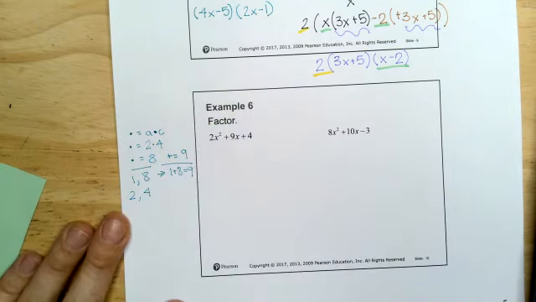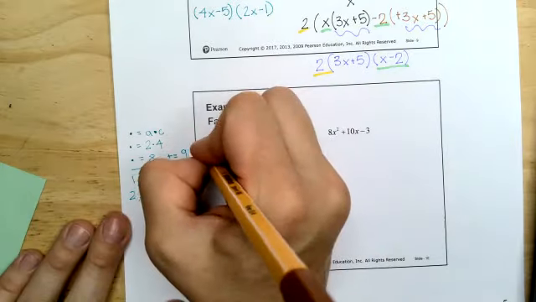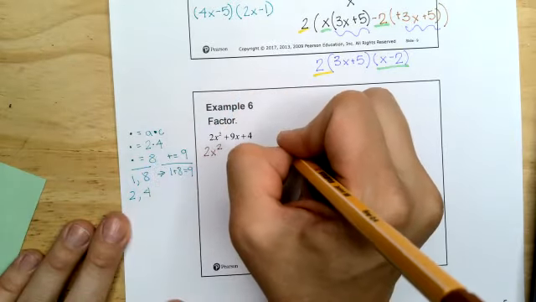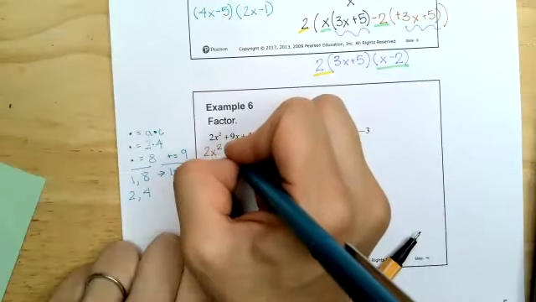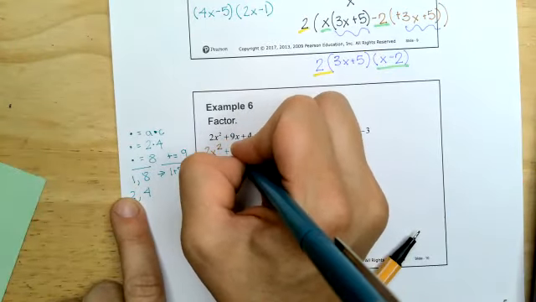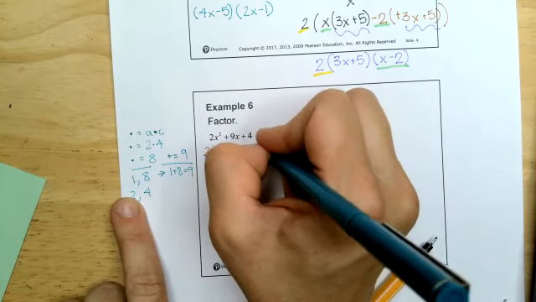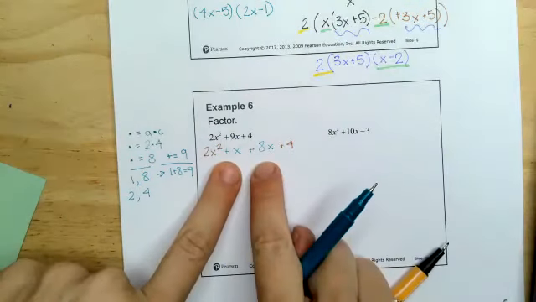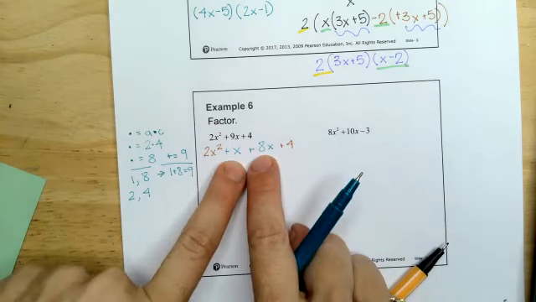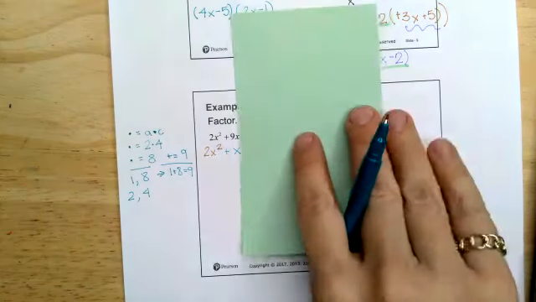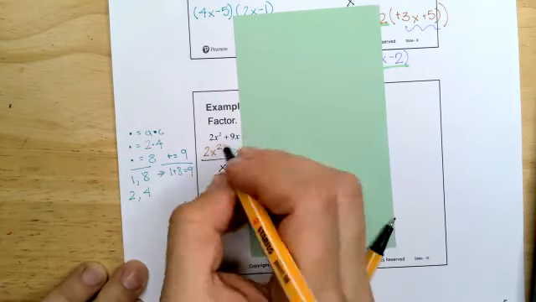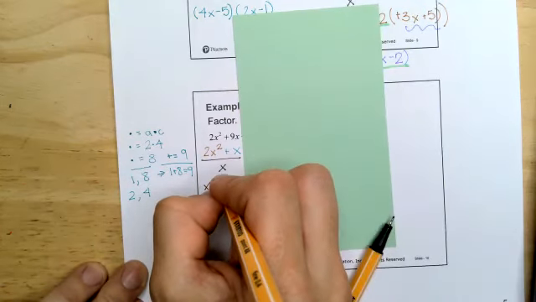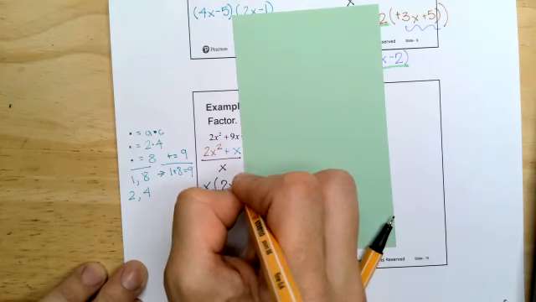So now I have 2x squared. That 9x becomes just an x and an 8x, okay? X and 8x add to 9x, but now I can factor by grouping. 2x squared and x. I can factor out an x, so it becomes x times 2x plus 1.